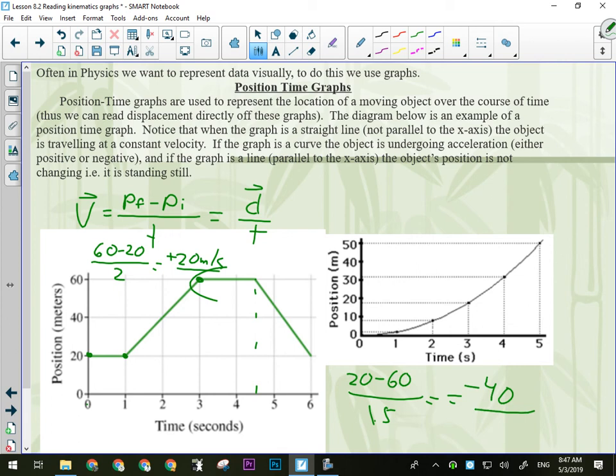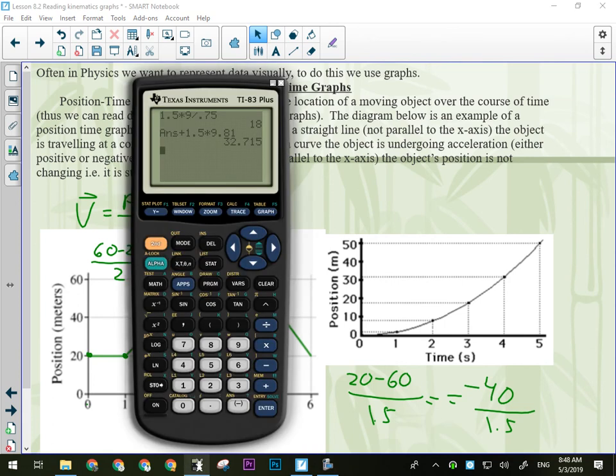Indicating that, yes, I am going backwards. So negative 40 over 1.5. All right, so we're looking at, now it's actually moving faster in a backwards direction, negative 26.7 meters per second.